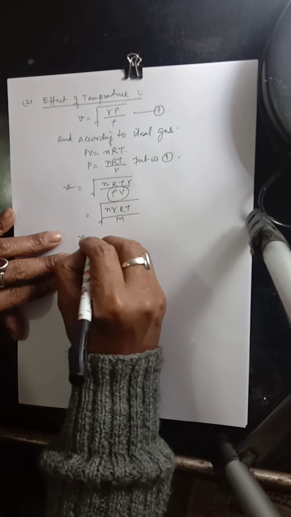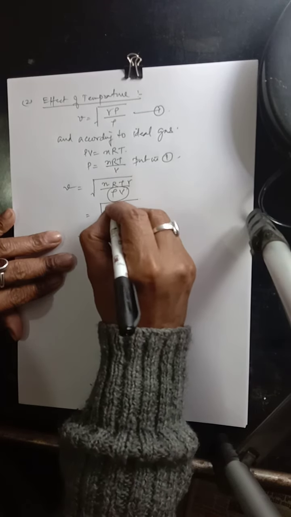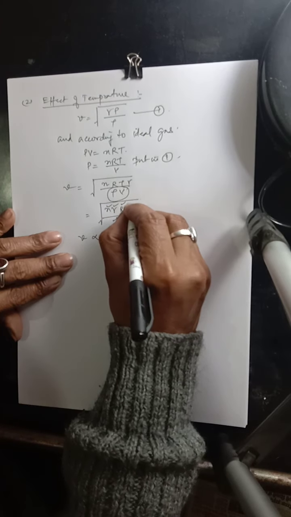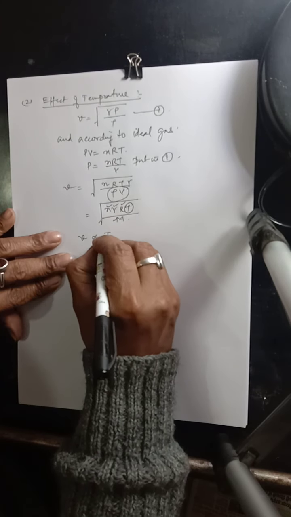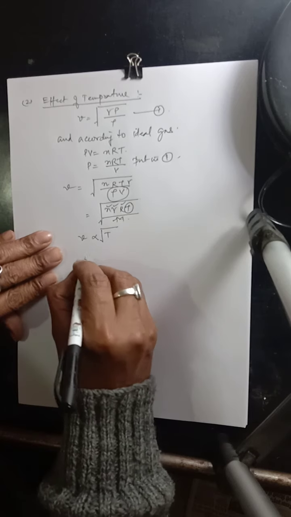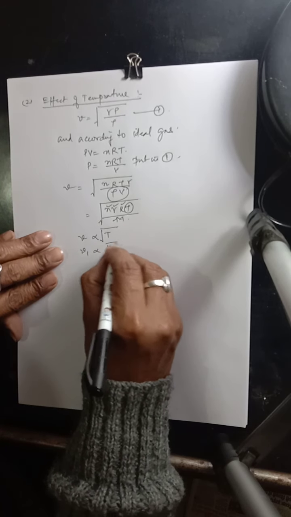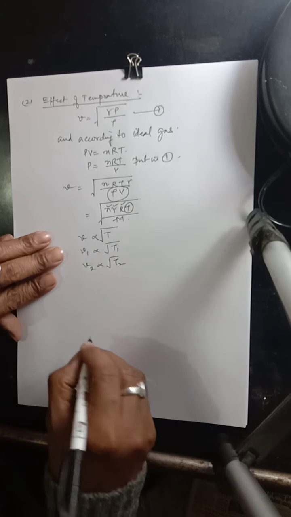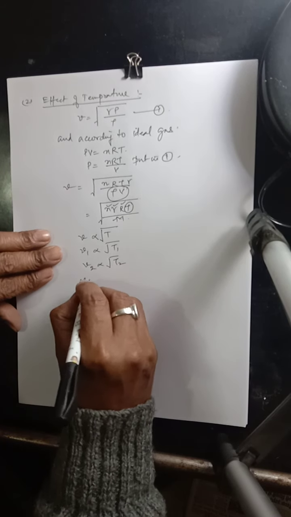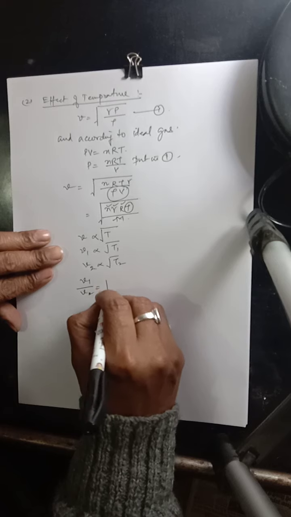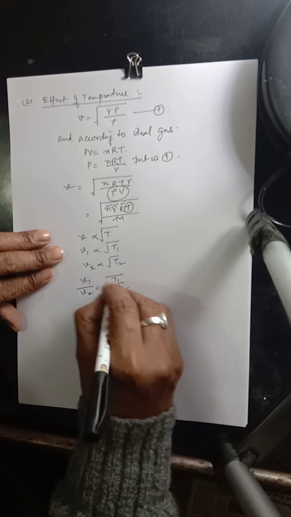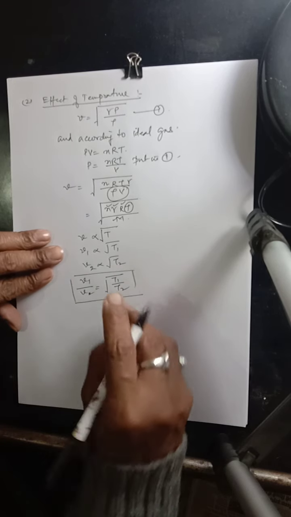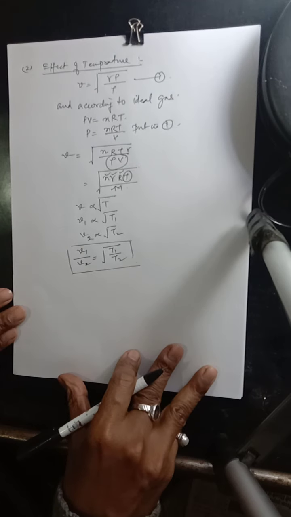It means the velocity is directly proportional to the square root of temperature, since the rest is constant. If V1 is at temperature T1 and V2 is at temperature T2, then when we divide, V1 upon V2 is equal to the square root of T1 upon T2. So this is the effect of temperature.